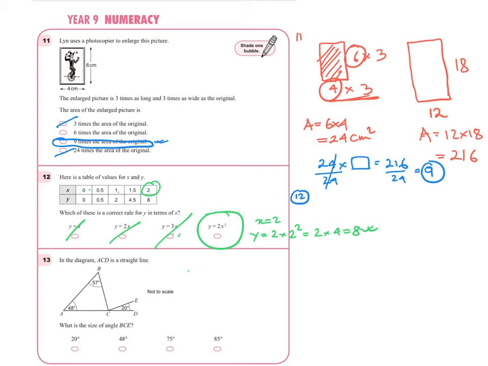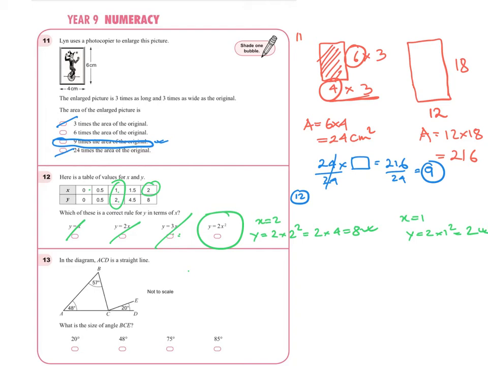Let's choose another one. x is equal to 1, y is equal to 2 times 1 to the power of 2, it's 2. And this is what we have here. So, beautiful. Let's go with the next one.